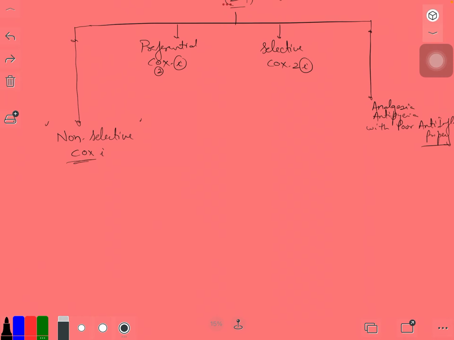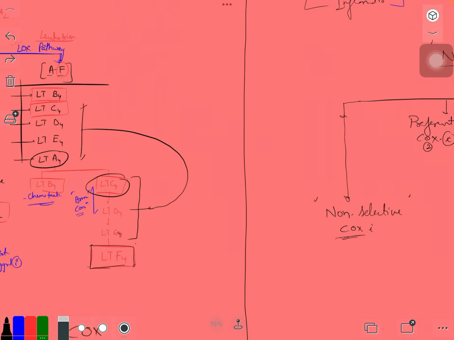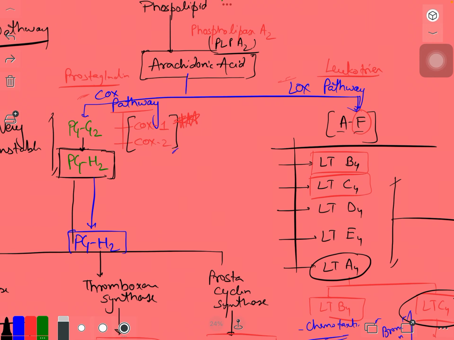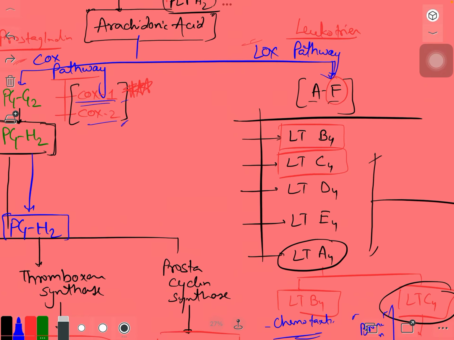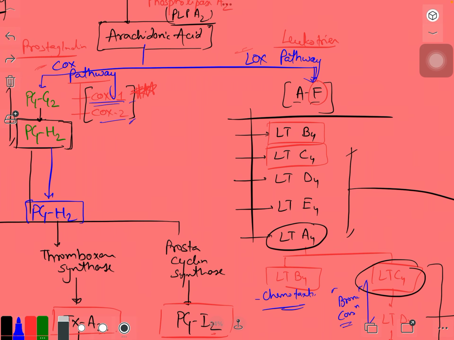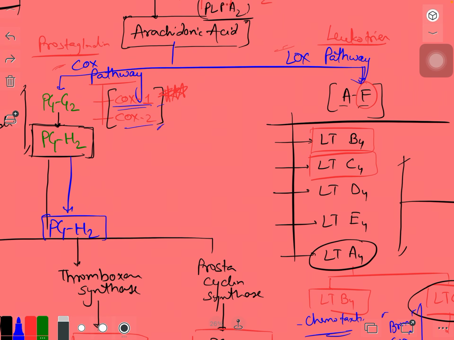We already discussed that there were different types of COX. There was COX 1, there was COX 2, and there's also a hypothetical COX 3. In this lecture, we'll focus more on COX 1 and COX 2, even in particular COX 2. All those drugs which target non-specifically act on both COX 1 and COX 2.